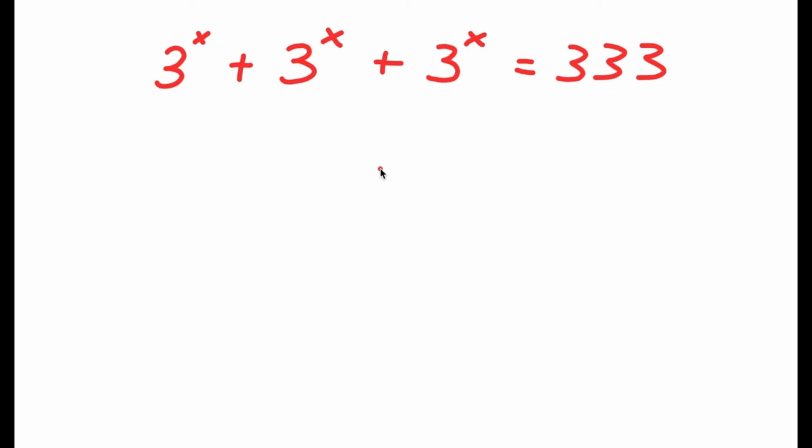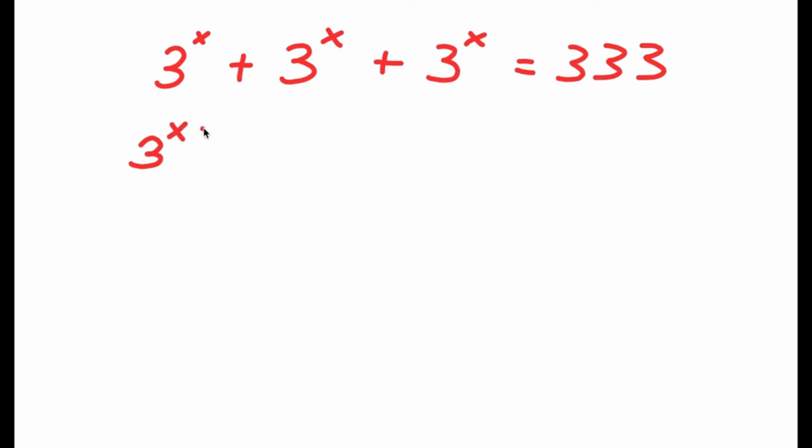Alright, so in this problem, I have 3 to the power of x plus 3 to the power of x plus 3 to the power of x is equal to 333. So the first thing I'm going to do is factor out 3 to the power of x from my left-hand side.